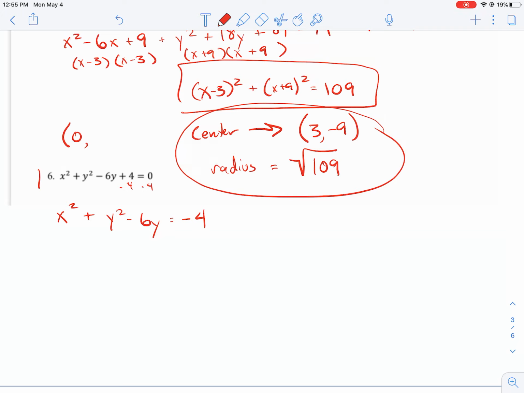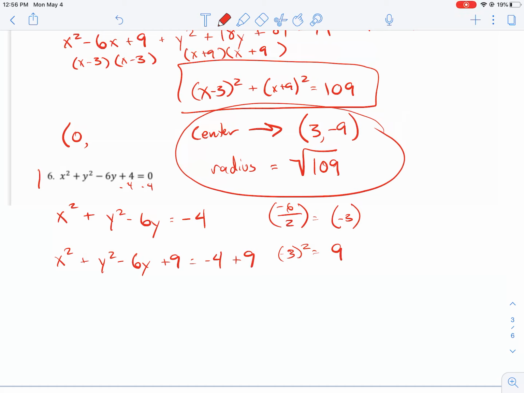So I don't have to complete the square for the x, so I'm going to bring that down. I do have to do it for the y, though. So negative 6 divided by 2, which is a negative 3. Negative 3 squared is equal to 9. So we're going to go y squared minus 6y plus 9 is equal to negative 4 plus 9.